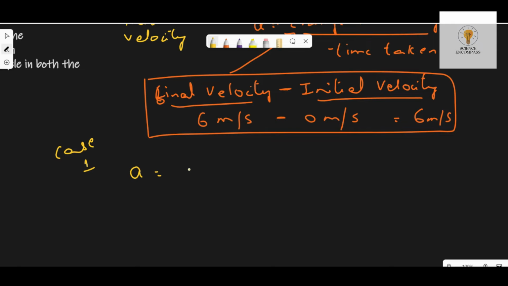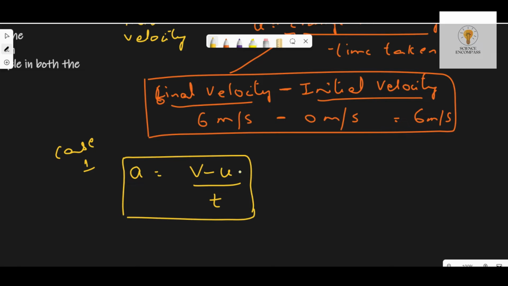We usually write it like this: change in velocity is v minus u, where v is the final velocity and u is the initial velocity, divided by the time taken. So just remember this formula, and it'll get easy then.